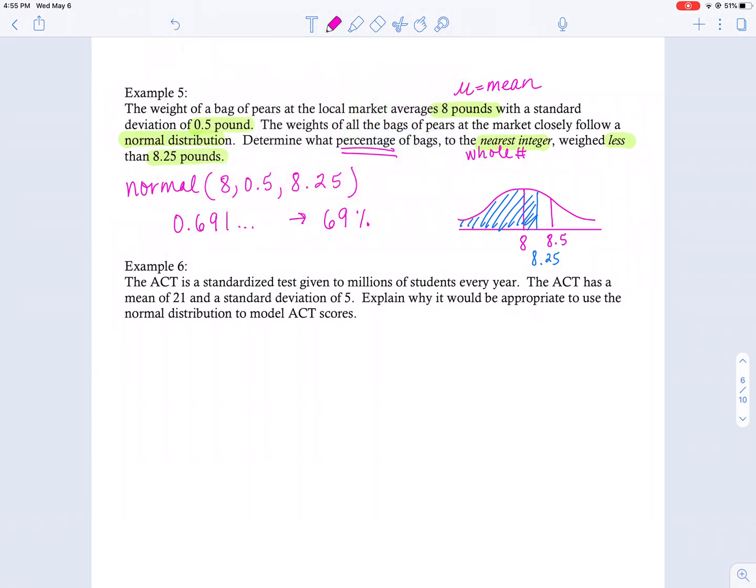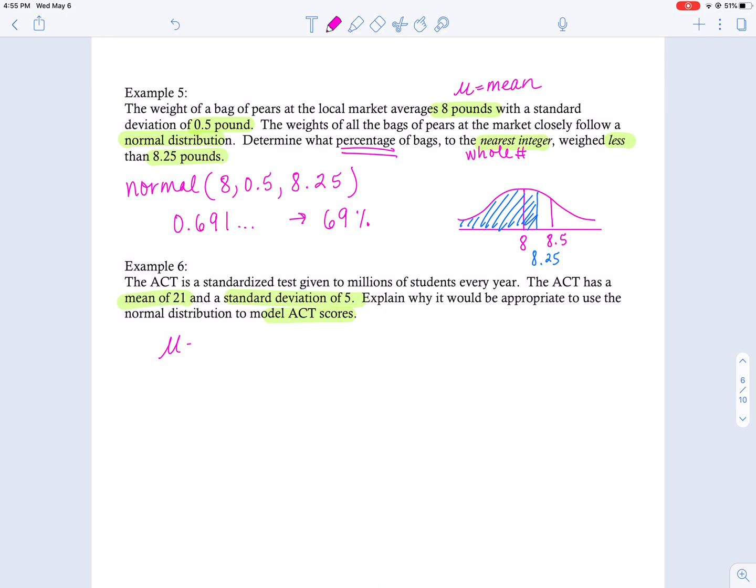Okay, let's try one more and see how this goes. The ACT is a standardized test. We know about that. The ACT has a mean of 21, standard deviation of 5. Explain why it would be appropriate to use the normal distribution to model the ACTs. Okay, so you don't even have to calculate anything.